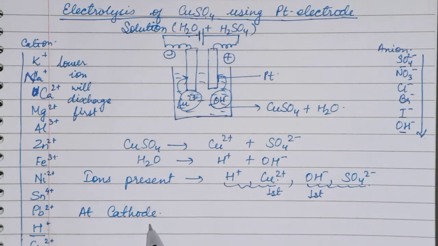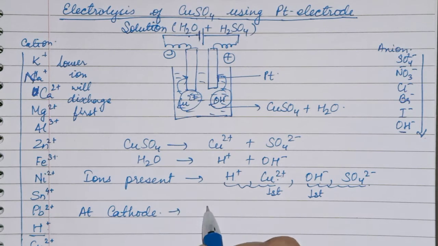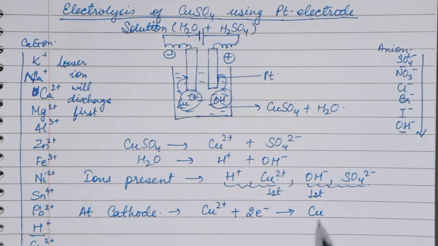So at cathode you are getting Cu2 plus. 2 plus means 2 electrons are less. So you will add 2 electrons to make it a neutral atom or to discharge it. So Cu2 plus plus 2 electrons gives Cu.